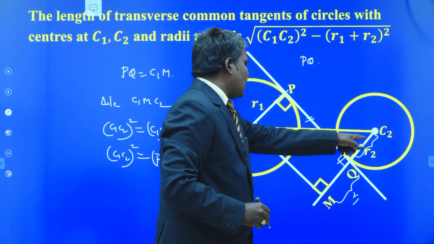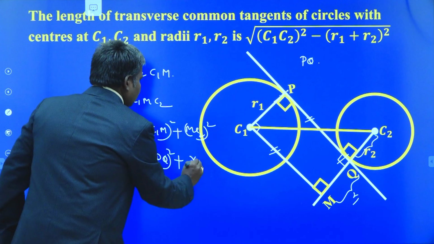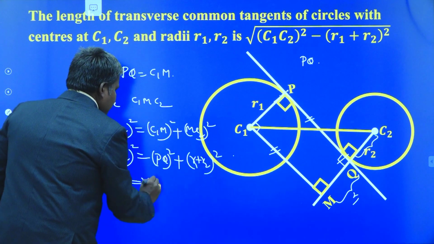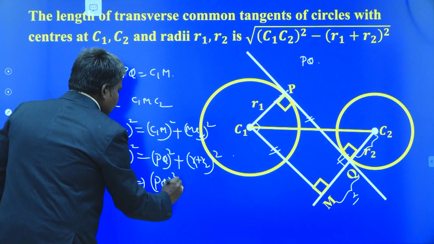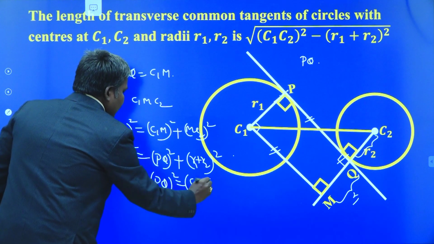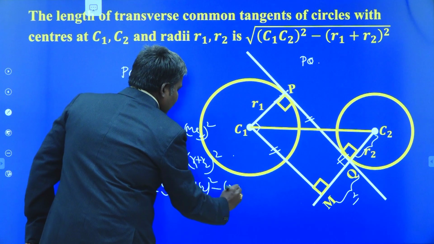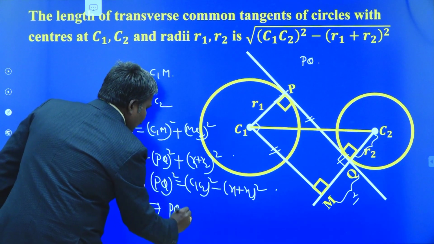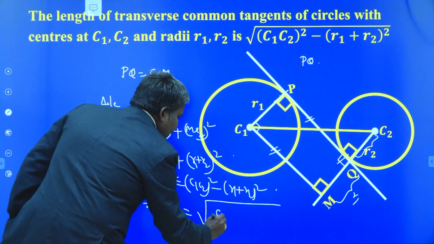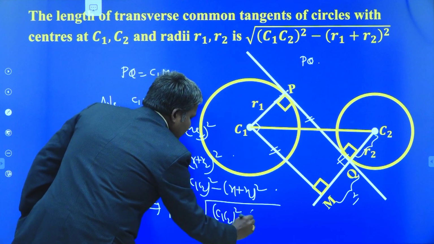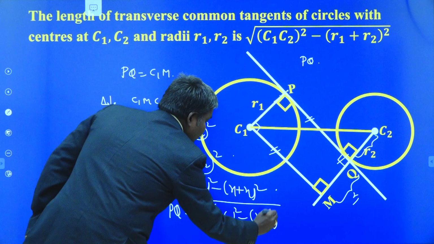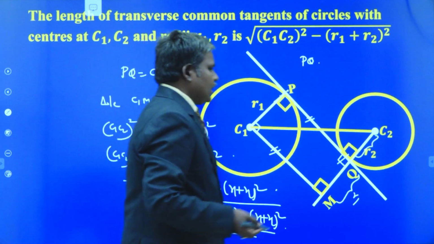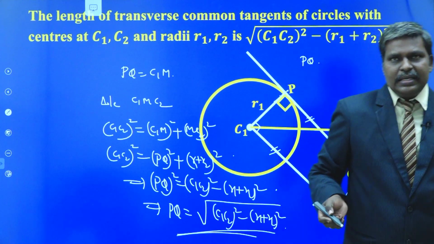MC2 is nothing but R1 plus R2, so (R1 plus R2) whole square. This implies PQ square is equal to C1C2 square minus (R1 plus R2) whole square. From this we obtain PQ as the square root of C1C2 square minus (R1 plus R2) whole square. In this manner, we can find the length of the transverse common tangent.